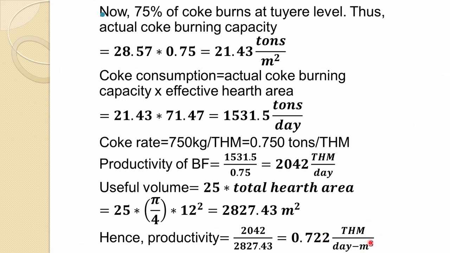So, this is the productivity in ton hot metal per day per meter cube. This example tells you at least how you can calculate the productivity of the furnace, and that would be useful to know.